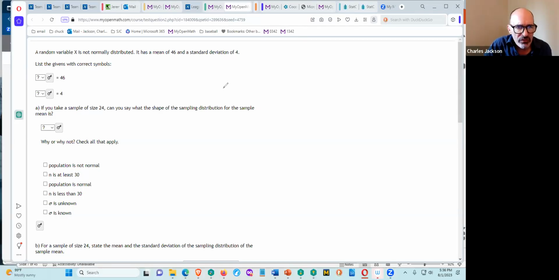We have a question from 6.5. The sampling distribution of the sample mean. Random variable X is not normally distributed. It has a mean of 46, standard deviation of 4.